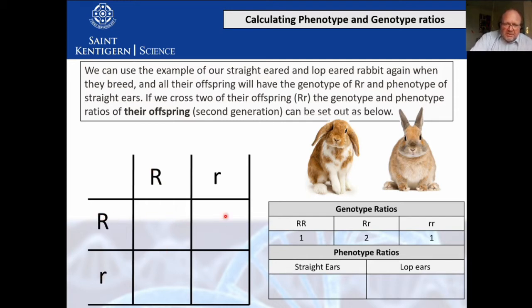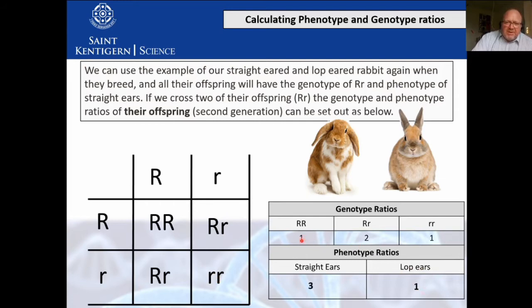And then this one goes across, big R, little r, and again you have a heterozygote, so your phenotype is straight-eared, and over here we have little r, little r, and at last we have a recessive phenotype. The recessive phenotype in this case is lop ears.